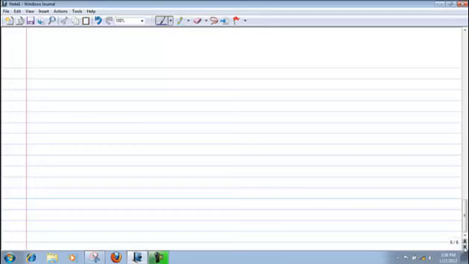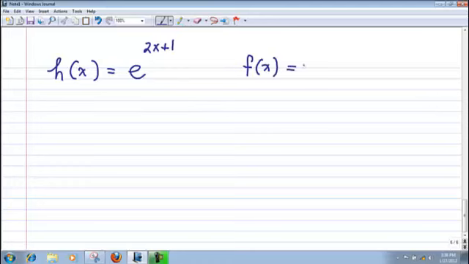Let's take a look at another example. This time let's let h of x be e to the power of 2x + 1. So I'll define my outside function f of x as e to the power of x, and my inside function g of x as 2x + 1.